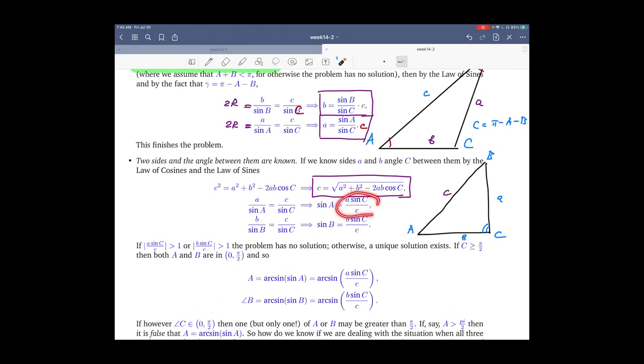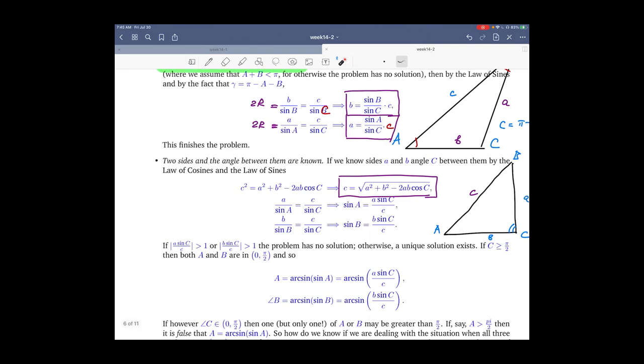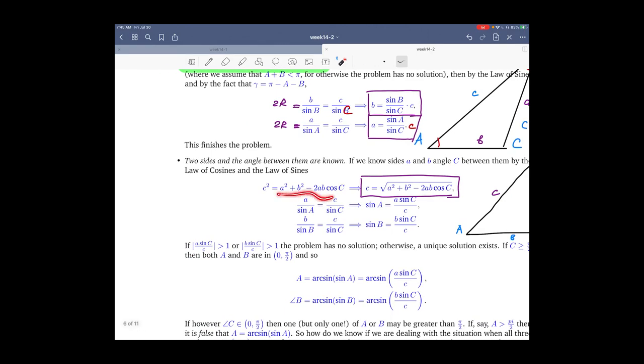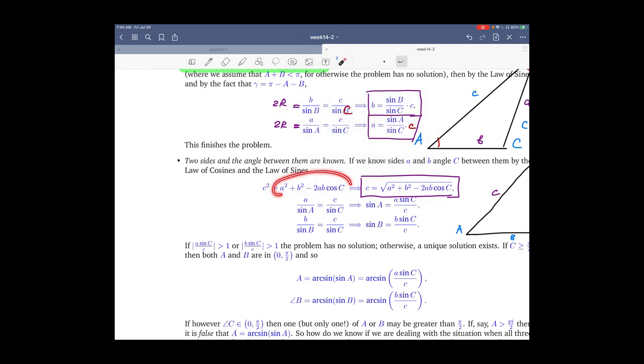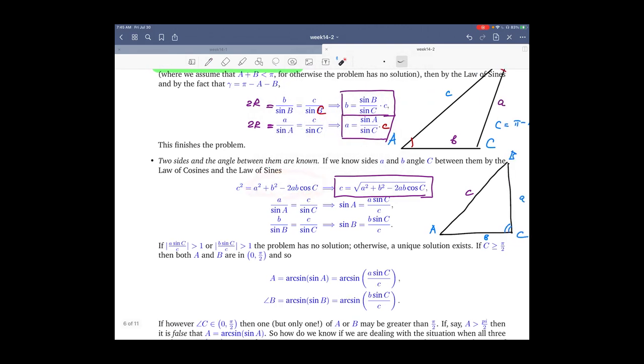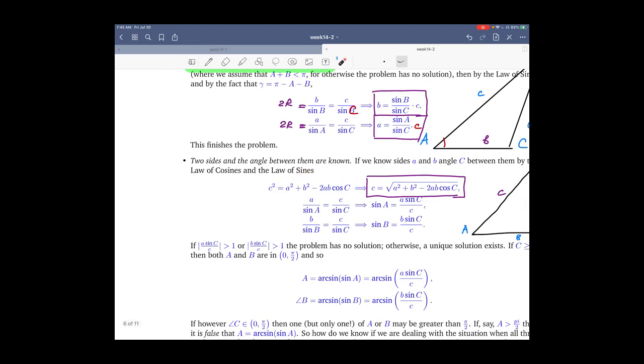If these ratios are by absolute value greater than 1, then the problem has no solution. By the way, I should have also checked whether this quantity is non-negative, because if it's negative, the problem has no solution. I should add this here.